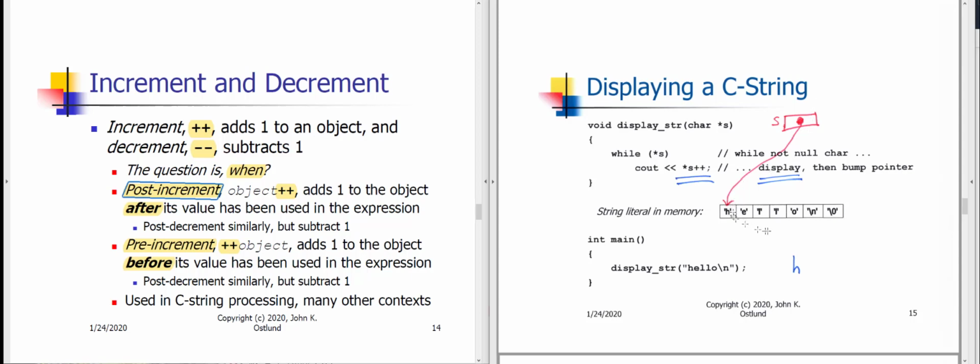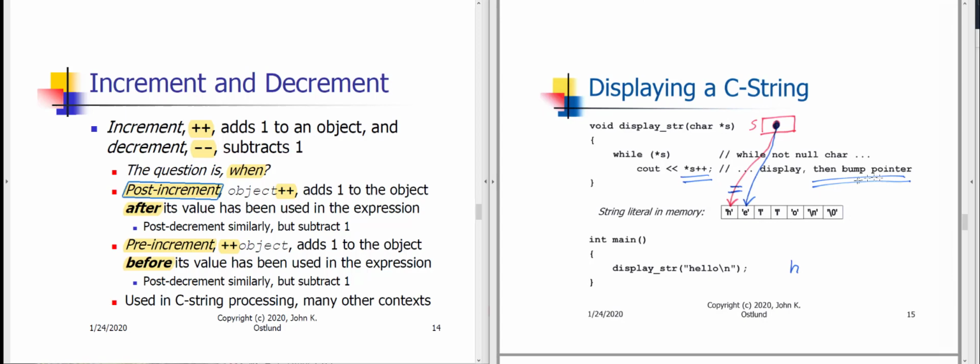The value of star s is h, so h is displayed on the user's screen. After h has been displayed, then we bump the pointer, and what plus plus is actually operating on is the pointer s. So s gets incremented by 1 to point to the little e and no longer to the h.